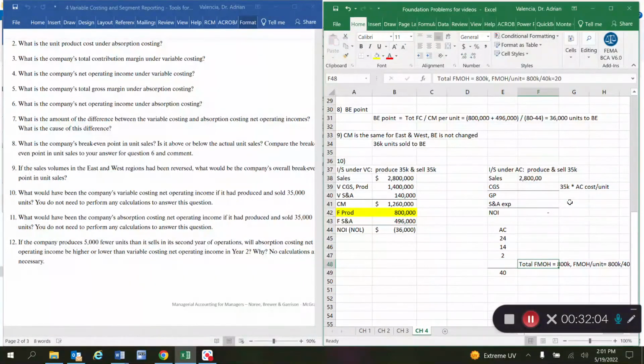Because we're going to be dividing this by 35,000 units made, which means, let me do the math real quick. That's 800,000 divided by 35,000. And that's roughly $22.86 per unit.